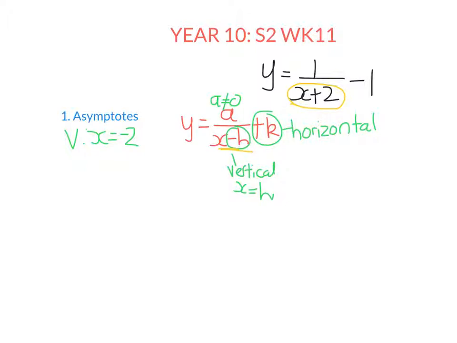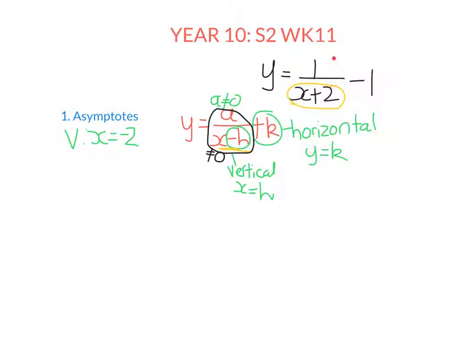Similarly, in the general form, this whole fraction cannot equal 0 if a is not equal to 0. So y can't be equal to 0 plus k. That's why the horizontal asymptote is always y equals k. That means y can never equal k, because this cannot equal 0.